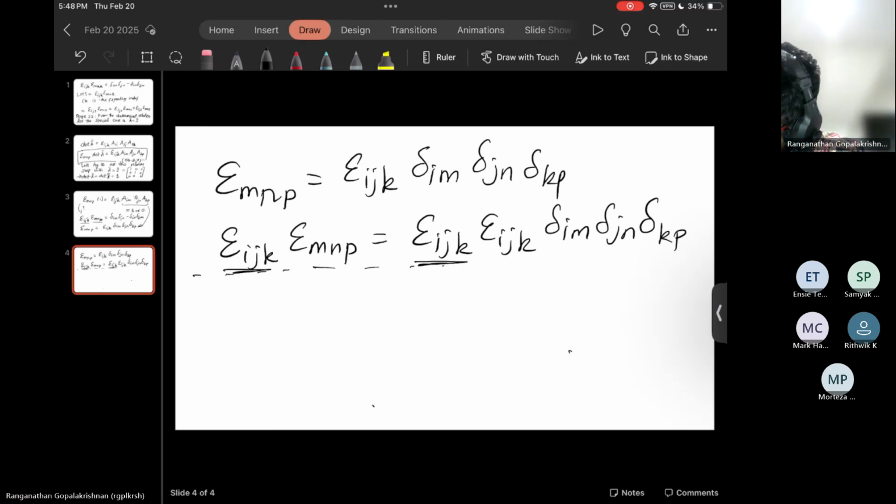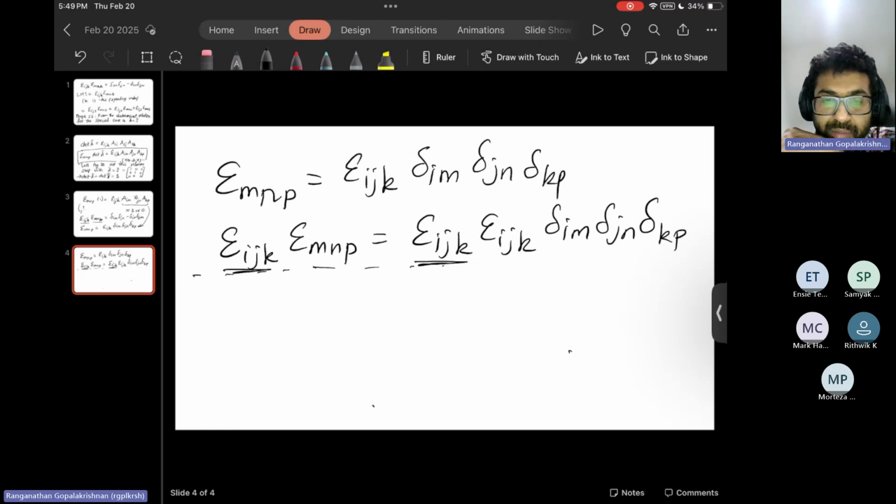So, okay, what do we do now? Can we? This relation can be obtained from the determinant relation for the special case of A equal to I. That is the hint.